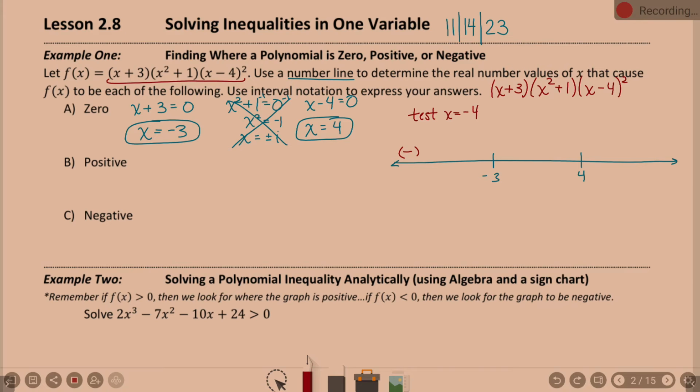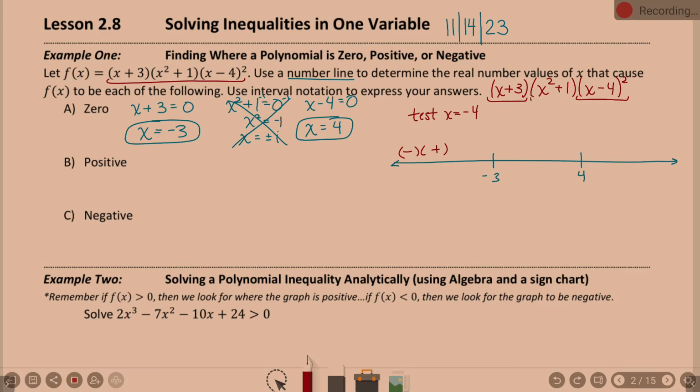Well, anytime you square something, it's going to become a positive. You add 1, it's going to be a positive. Now, this one over here, -4 minus 4 is a negative, but then what do we still have to do with it? Square it. So when you square it, what's that going to become?